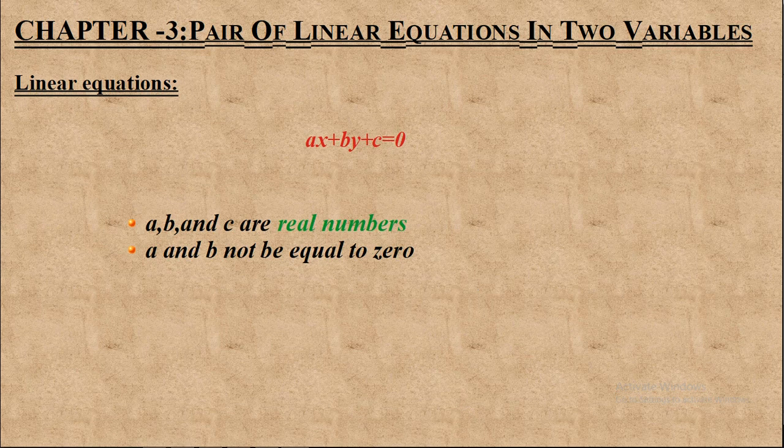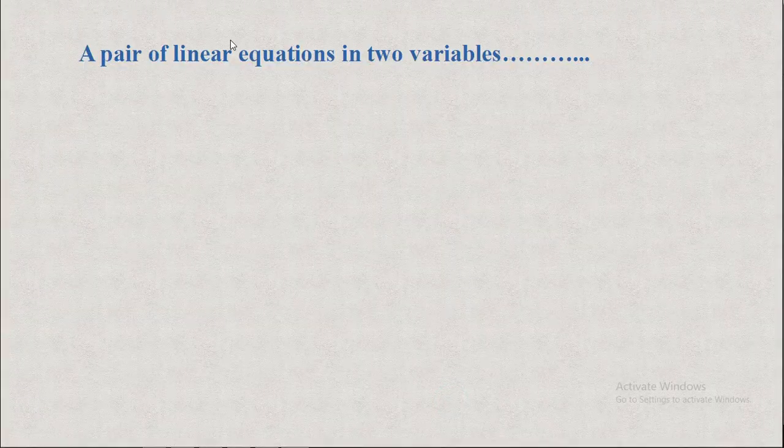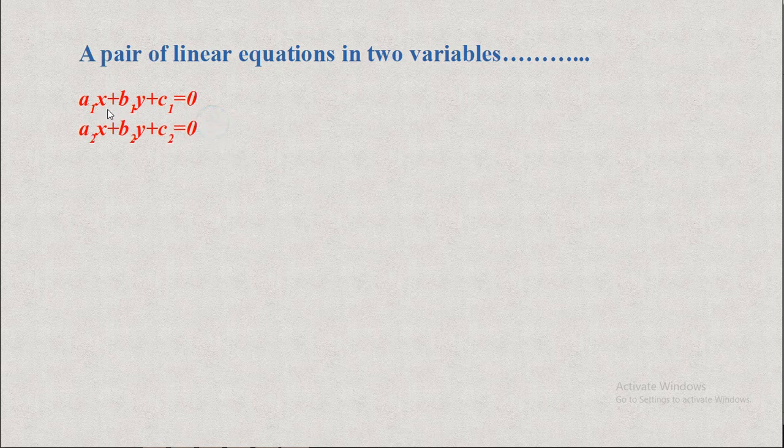Now let us see what is the pair of linear equation. Here we have seen a single linear equation. Then what is a pair of linear equation? From the name itself we can see that it will be a pair of linear equations in two variables. That is, when we are taking two linear equations in the same two variables x and y like this, that is, here we can see two linear equations a1x plus b1y plus c1 equal to 0, and another one a2x plus b2y plus c2 equal to 0.